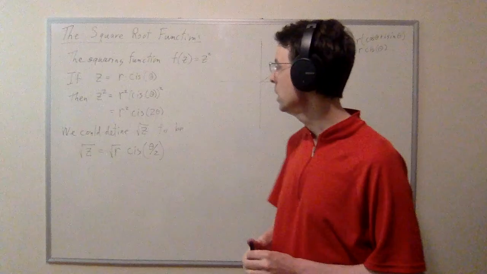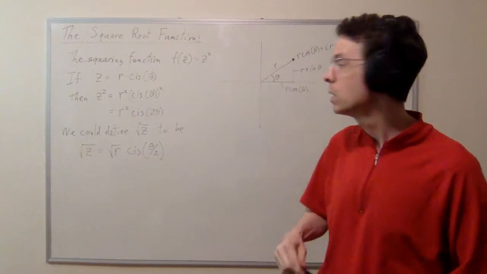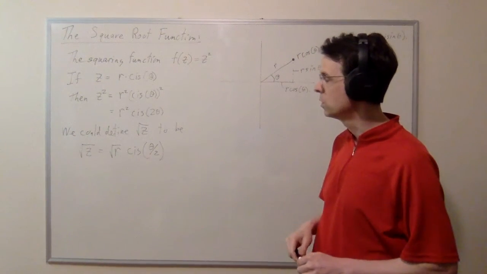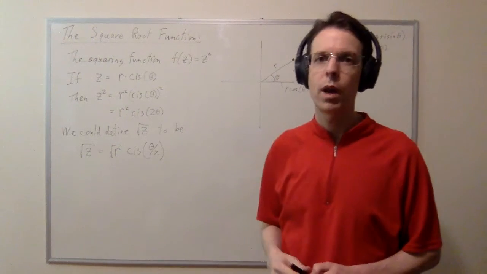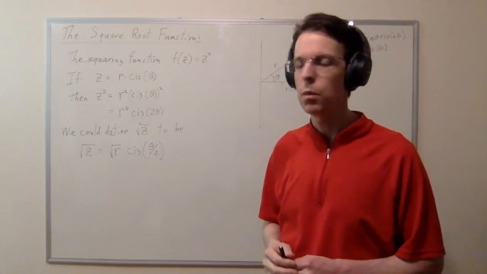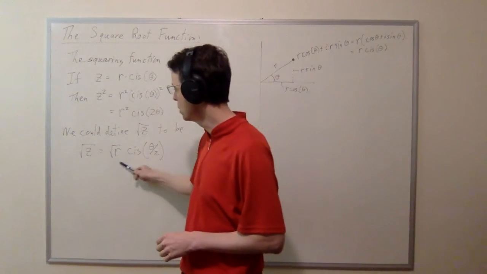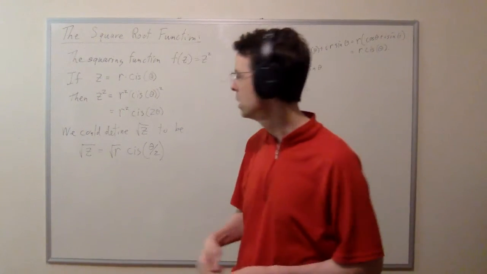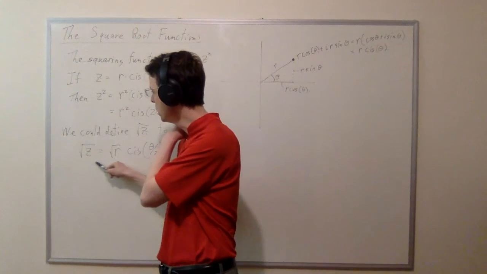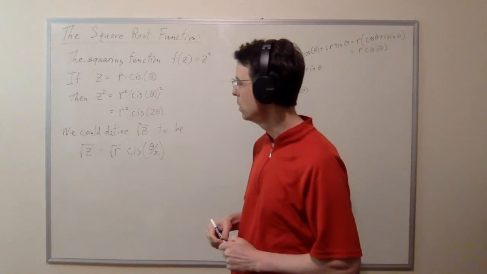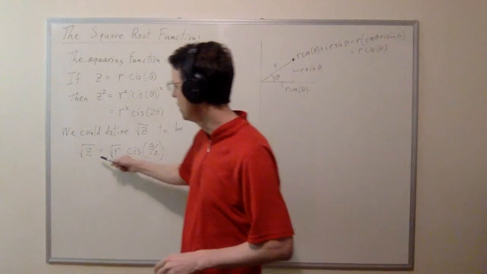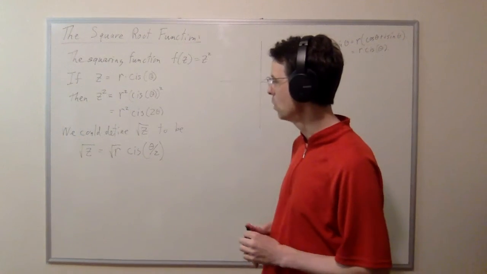r is necessarily a non-negative real number here because it's the modulus of z. And so I'm taking for granted that we already have a square root function defined, but applying to the positive real numbers. So this is the square root of a positive real number in the ordinary sense, and this is the new and invented square root of the complex number in the new sense that we're writing.